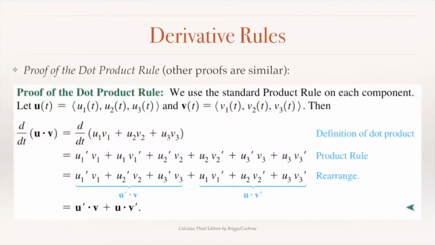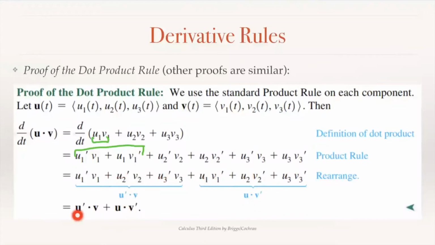And the derivative of that, we apply the ordinary product rule on each part, and then gather together all the terms with derivatives of the first components, and gather together all the terms with derivatives of the second components, and realize that those are themselves dot products.